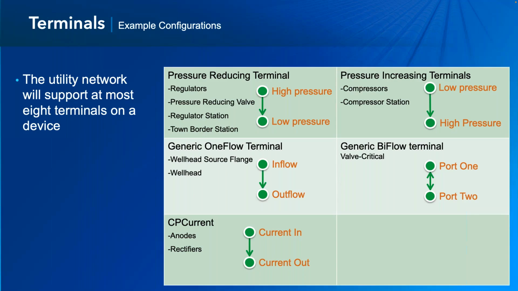It doesn't have to be limited just to the pressure components. I can say, tell me all the components that are electrically connected, give me a CP system. In that case, a valve is not going to stop the CP, but an insulated flange is. So I can dictate how these different devices flow in the system to do not only pressure, but things like CP as well.